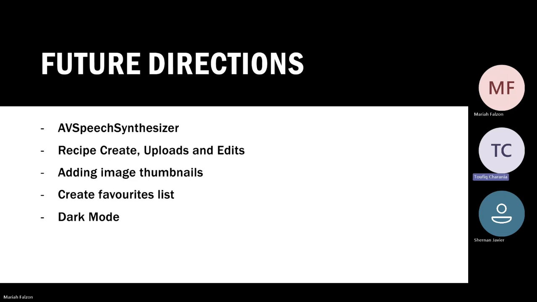They can add images and share. They can also create a favorites list, which allows them to curate a list of favorite food or recipes. And then obviously dark mode, just for accessibility and for users that like a darker look to the app.